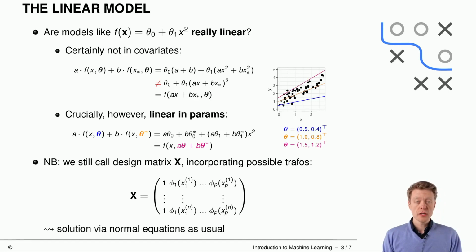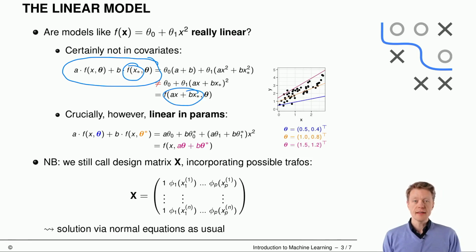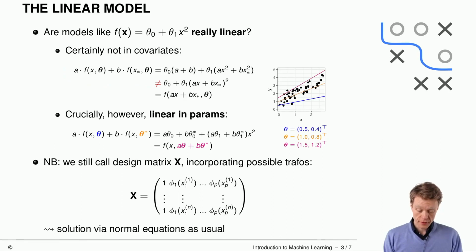For a model to be linear, it has to hold that a times f of x plus b times f of x star is the same as if we take the weighted sum inside the function. And we can now see that this is not the case.